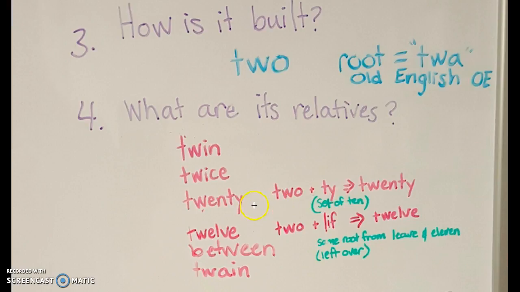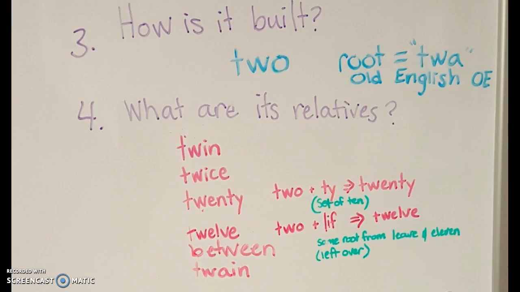Now, 20 is an interesting word because it's made up of two roots. It's got the two and the T. T stands for a set of 10, and that makes sense because 20 is two sets of 10, just like 40 is four sets of 10, and 50 is 5 sets of 10, so they're coming from those two roots.